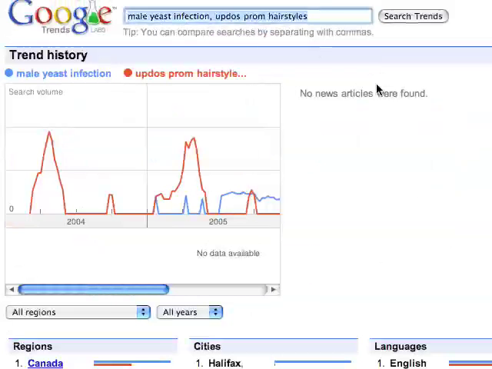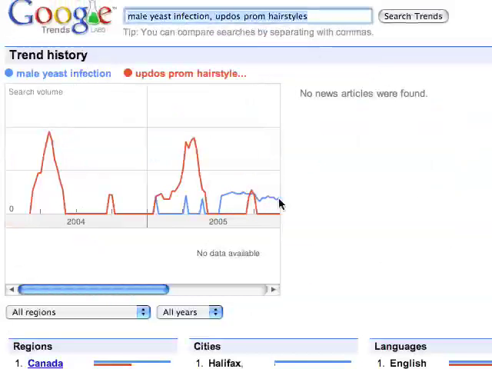immediately Google shows us the traffic associated with the broad match phrase updos prom hairstyles against the traffic associated with male yeast infection. Now we know that this line here represents about 500 page views a day if you have a website ranking in position 1 or 2.